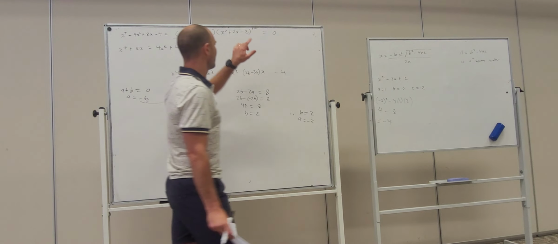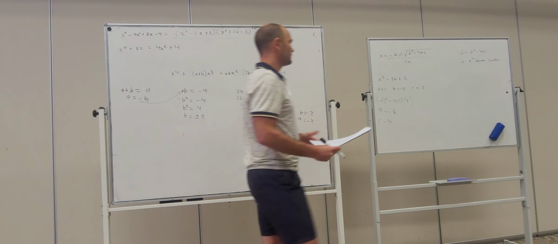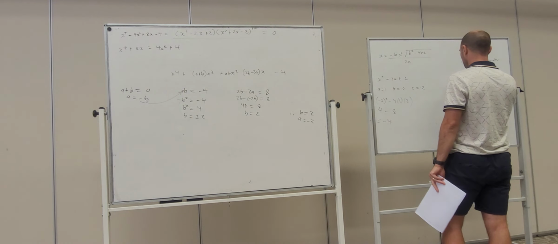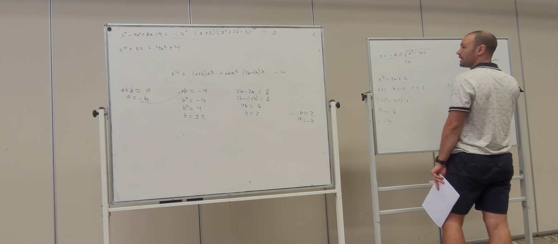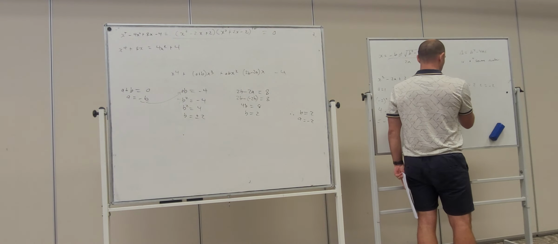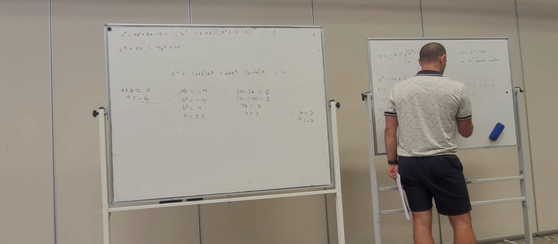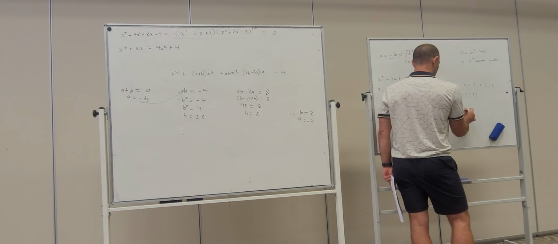And the same will apply if we put in this one. B squared take 4ac. Let's do that one as well. So in the next circumstance, a is 1, b is 2, c is minus 2. B squared take 4 times 1 times minus 2. 4 take minus 8, this gives us 12.